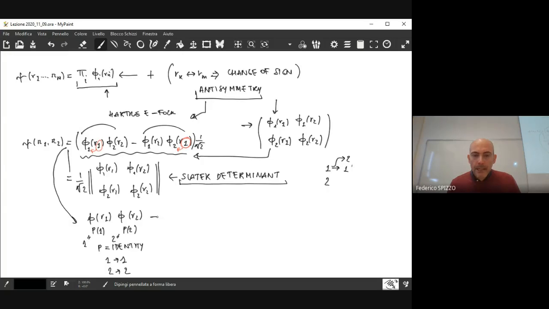And then we have minus phi of R2, phi of R1. And in this case, we have a new permutation of 1, a new permutation of 2. And in this case, to 1, we make correspond 2, and we make 2 correspond to 1.